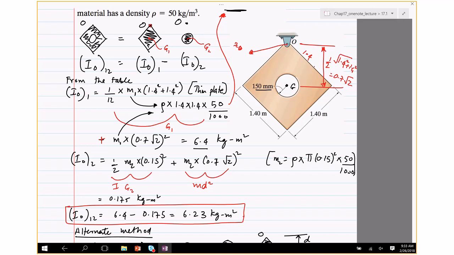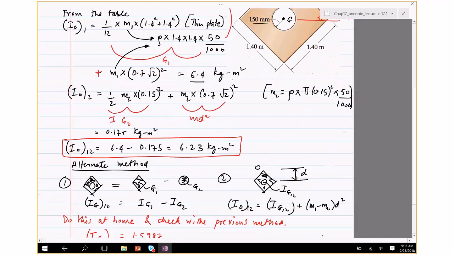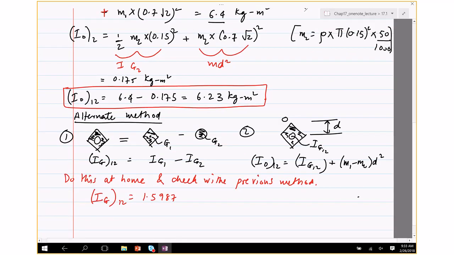In the second case, you find the inertia about G first, and the second step is to use the parallel axis theorem. So the first case you use the parallel axis theorem both times, but here you use it only once. Should give you the same answer. Any questions on that? So this is important because it's a precursor to doing rigid body dynamics, which we'll be doing soon.